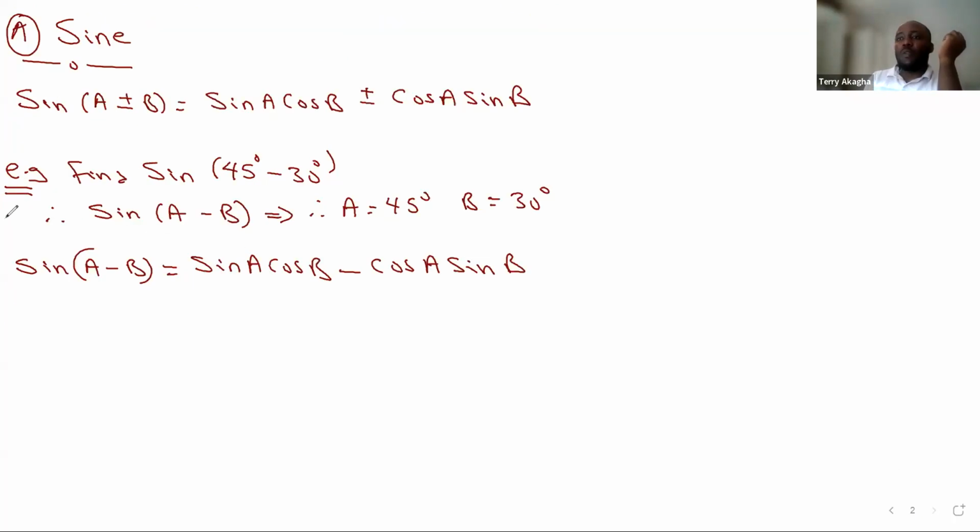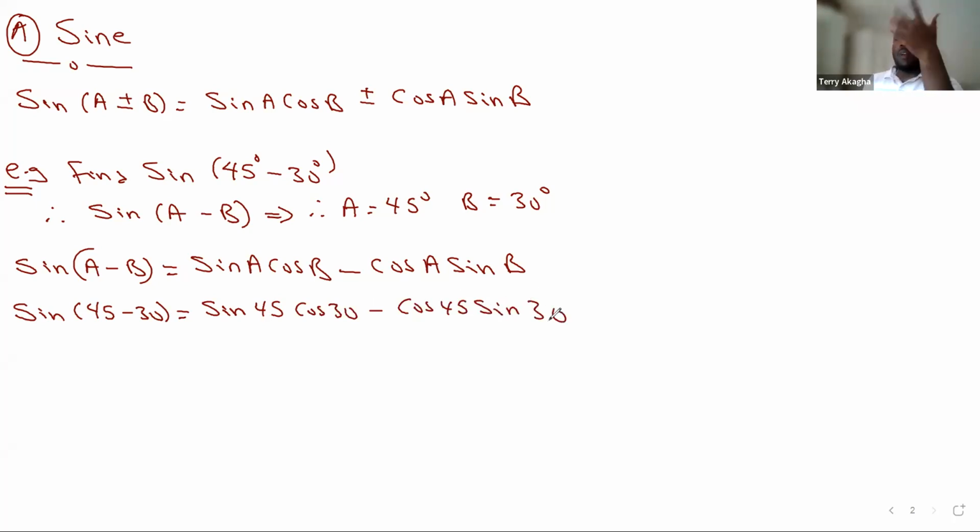So that means sine of 45 minus 30 will be equal to sine 45 cos 30 minus cos 45 sine 30.